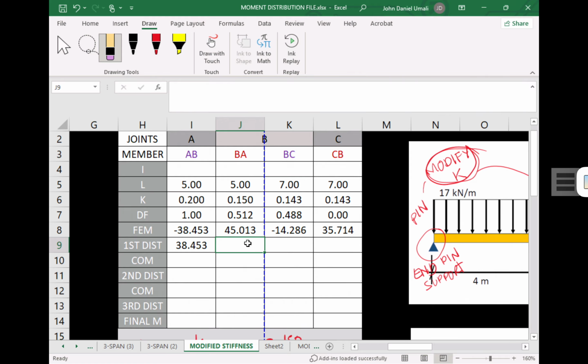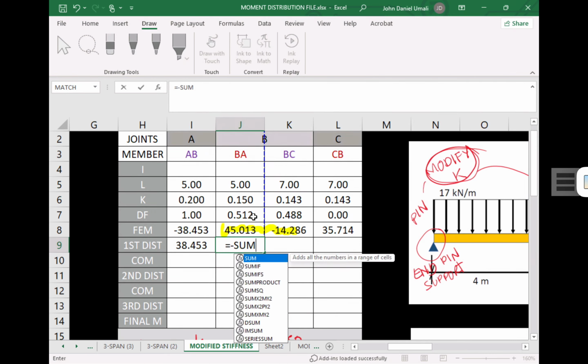Dito naman sa B, so yung mga moments na mag-act sa B is this two, no? Sila yung connected sa B. So, balance the moments that is acting at joint B. So, equals negative sum of these two.